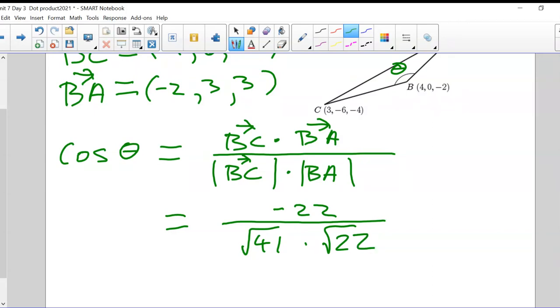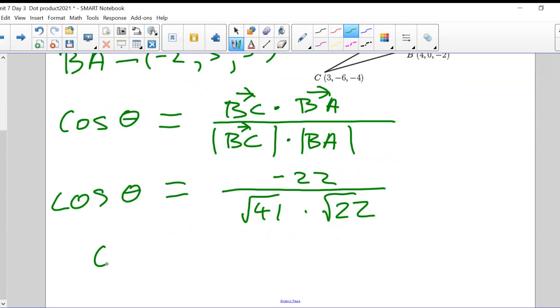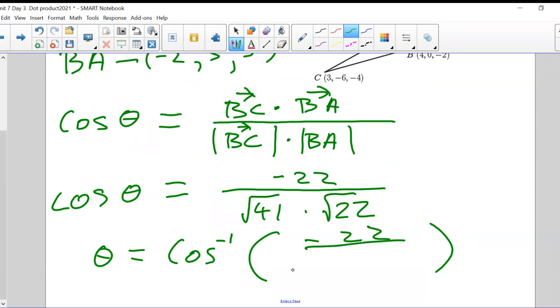Okay, that's good. So you know where I'm going with this. Cosine of theta is equal to that. So theta is equal to the cosine to the minus 1 of all of this, minus 22. Now, generally, you can multiply the two square roots together. It could be the square root of 41 times 22.